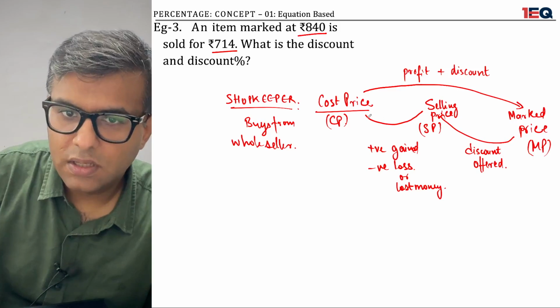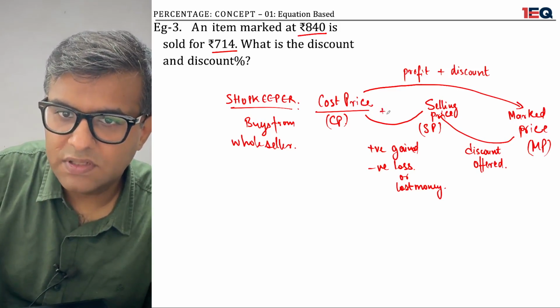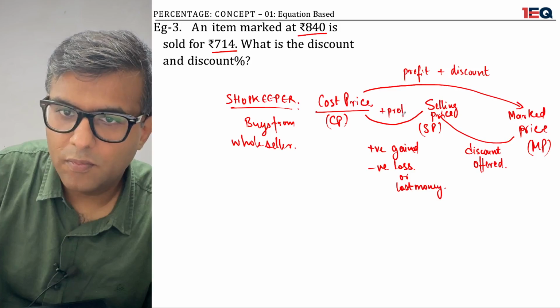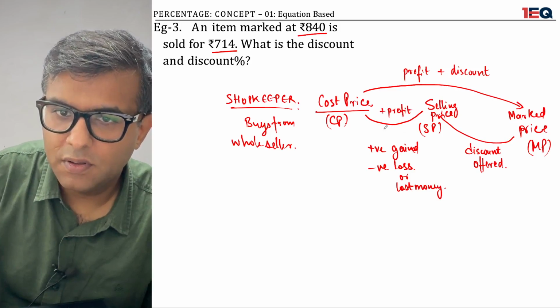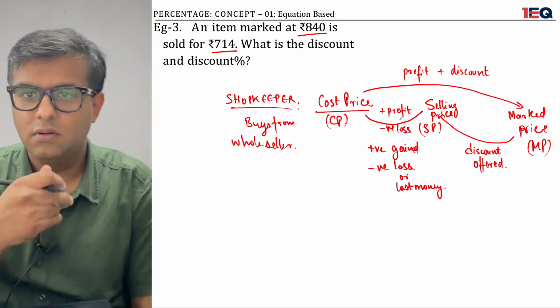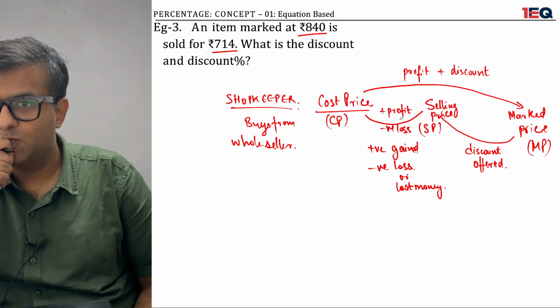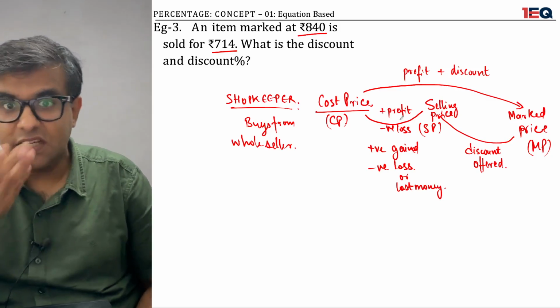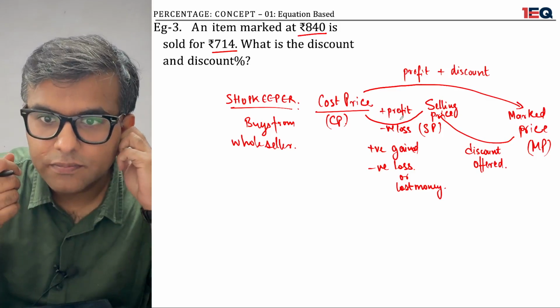Okay. If he has gained, it is positive profit; negative is loss. I've rewritten whatever I wanted to talk about. See how well we did here.